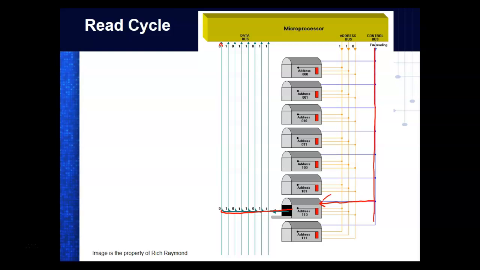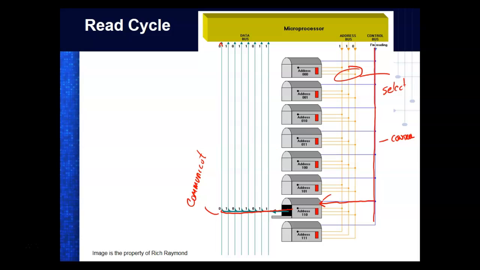So what did the address bus do? It selected, right? What did the control bus do? The control. And what did the data bus do? This is where it actually communicates. So the data bus determines how much information it can transfer in one cycle.